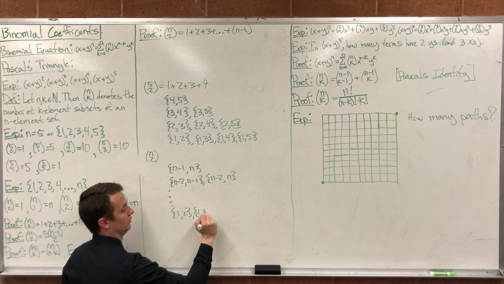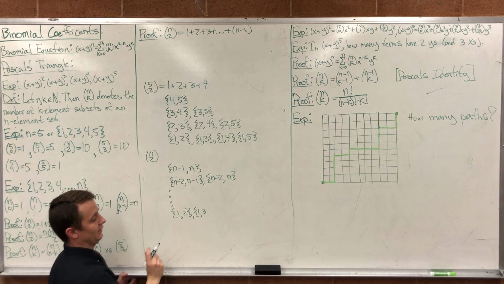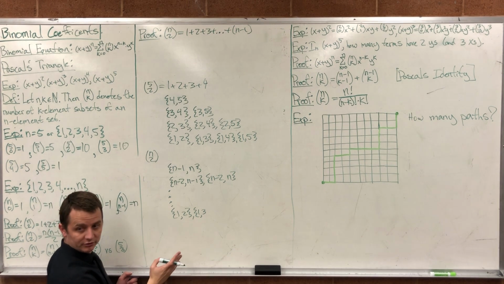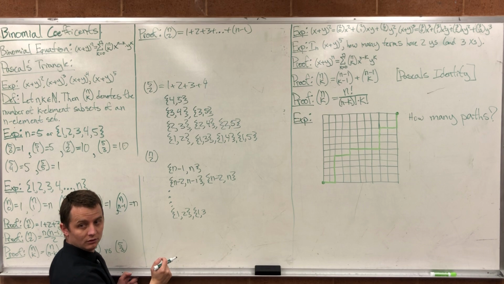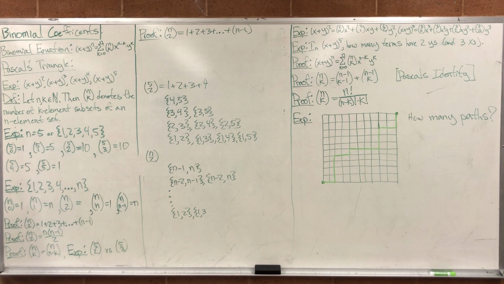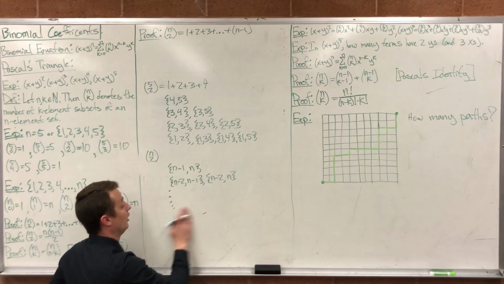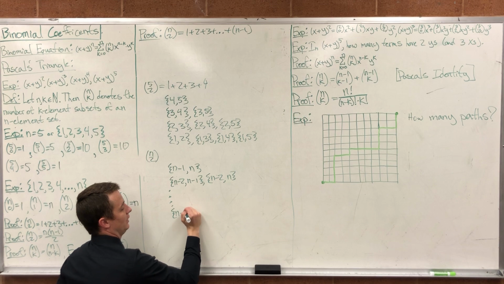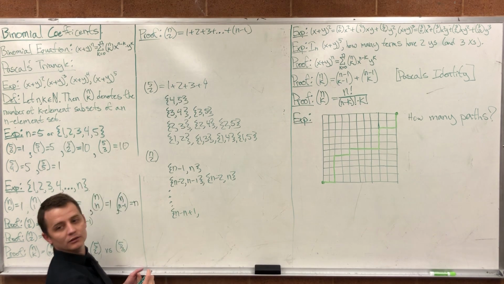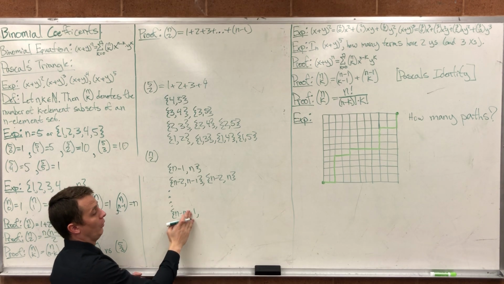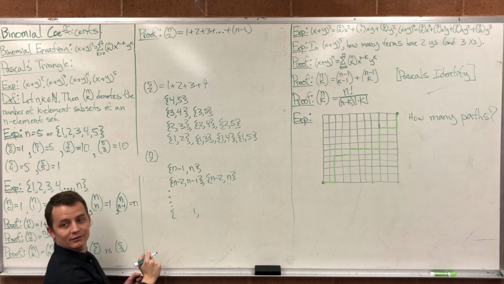Wait, what? Am I saying n? I can have 1 goes with 2, 1 goes with 3, where 1's the smallest element. Where'd you put n? How many can I have where n minus n plus 1 is the smallest element?